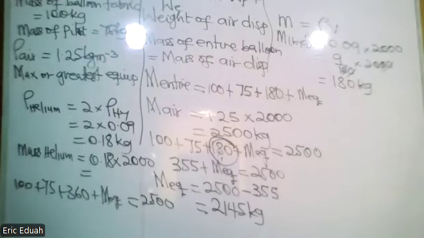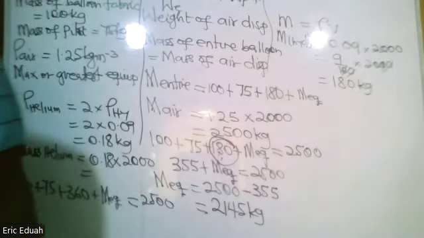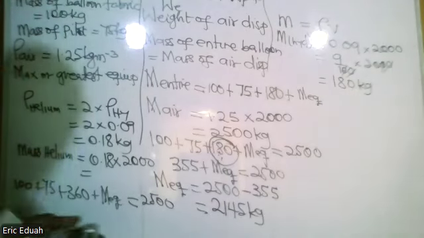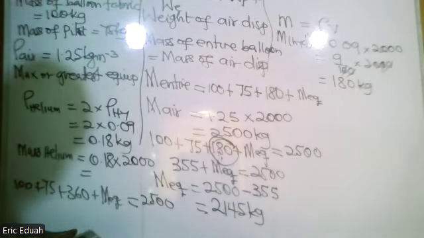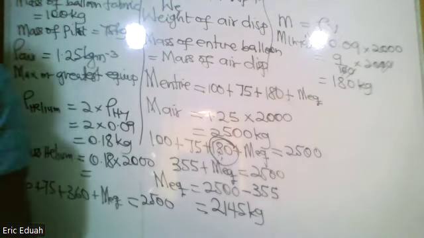So it simply means that this will reduce by another 180. The maximum load that can be carried will be reduced by another 180, and we'll have 19,965 kilograms. That will be the maximum load to be carried. As simple as that.